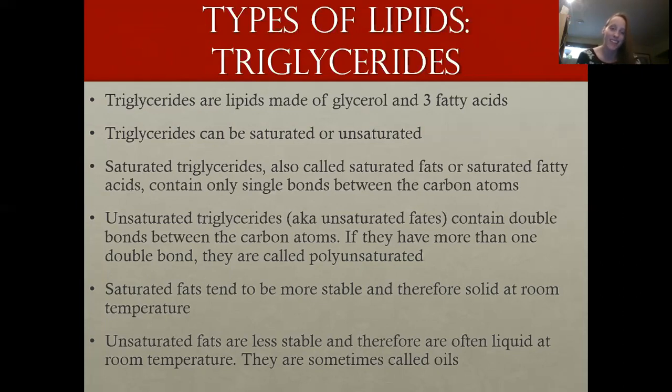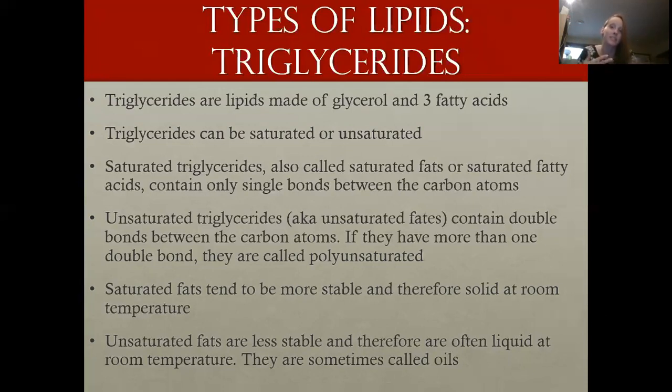Unsaturated because if we broke that double bond apart, each of the carbons would be able to bond another hydrogen. So a saturated triglyceride is full of hydrogens. There's nowhere on that molecule you could bond another hydrogen. With an unsaturated triglyceride, where it has some of those double bonds, you could just break open that double bond and you'd have 2 more bonding sites for hydrogen.